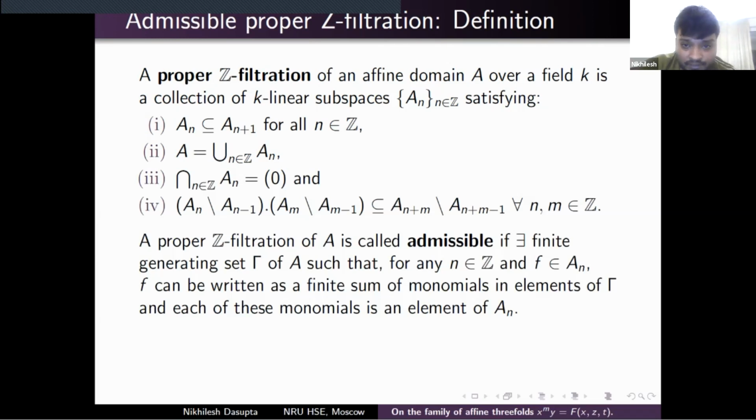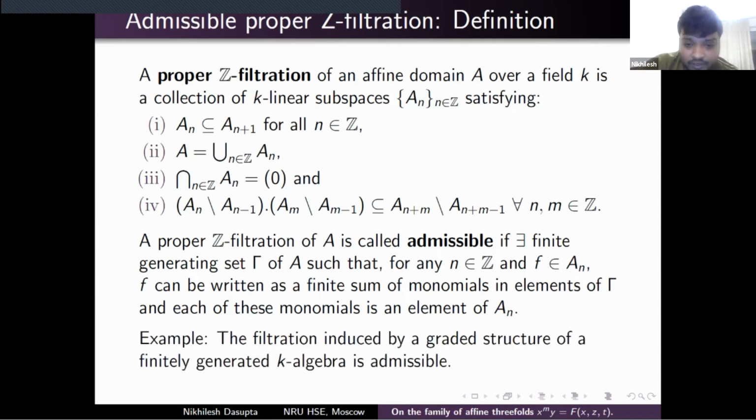Not every proper Z filtration will be admissible, but in our cases the filtrations which we will define will not only be proper but admissible, because we are dealing with finitely generated K algebras. So getting hold of a finite generating set should not be difficult. The only thing we have to be sure of is what filtration we are giving, so that our generators are homogeneous. So the filtration in the example induced by a graded structure of a finitely generated K algebra is admissible.